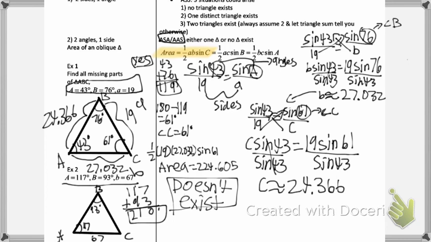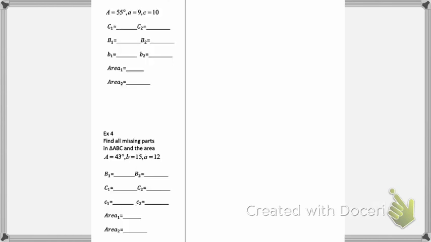And let's go to the next page. Now this is the part where two triangles can exist. So let's make a triangle, because sometimes they won't give you the triangles, but other times they will give you the triangles so they can help you. So let's start a triangle here.